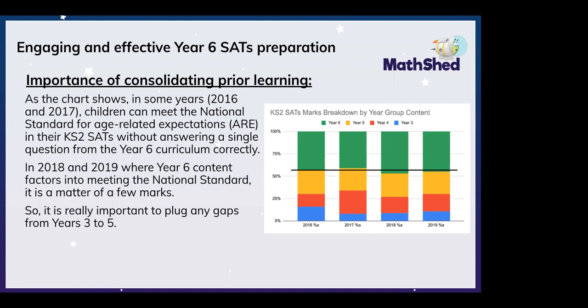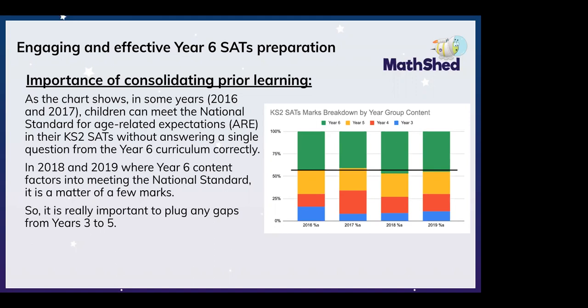If we look at it based on year group content, it's very apparent that if you cover the Year 3 to 5 curriculum very well and make sure children have a solid base in that, even if they're perhaps not picking up the Year 6 curriculum as well as you would like, it might be taking them some more time to get to grips with that.